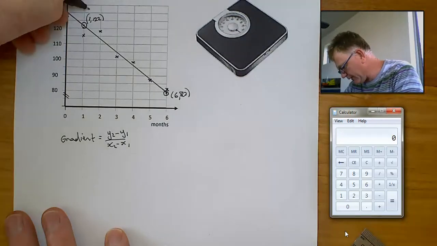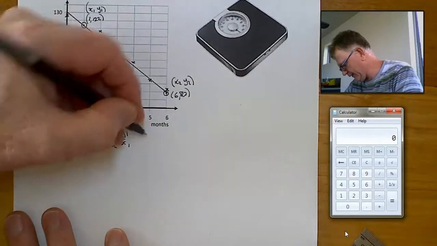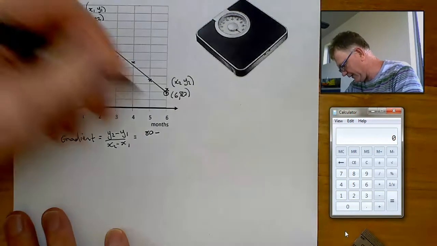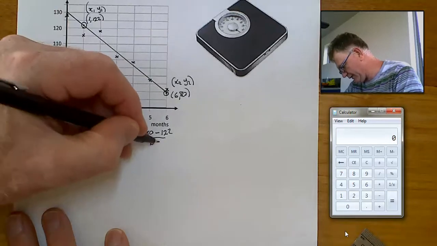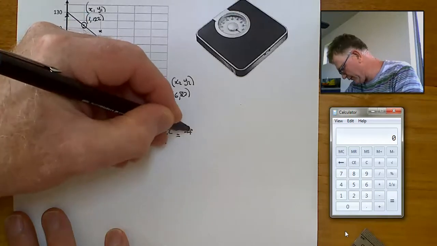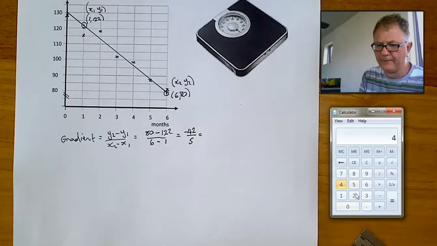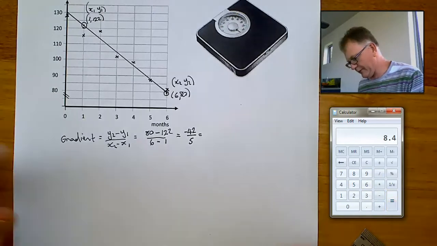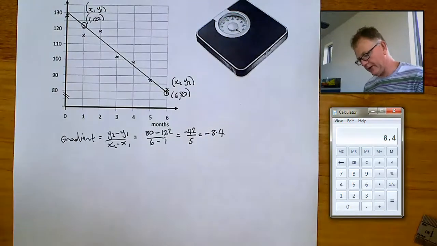Now if this is my point x1, y1, and this can be my point x2, y2, then y2 minus y1 is equal to 80 minus 122 over x2 6 minus x1 1. 80 minus 122 is negative 42 over 5, which equals, I'll go to my calculator, negative, because we've got a negative divided by a positive, negative 8.4 is the gradient between those points.